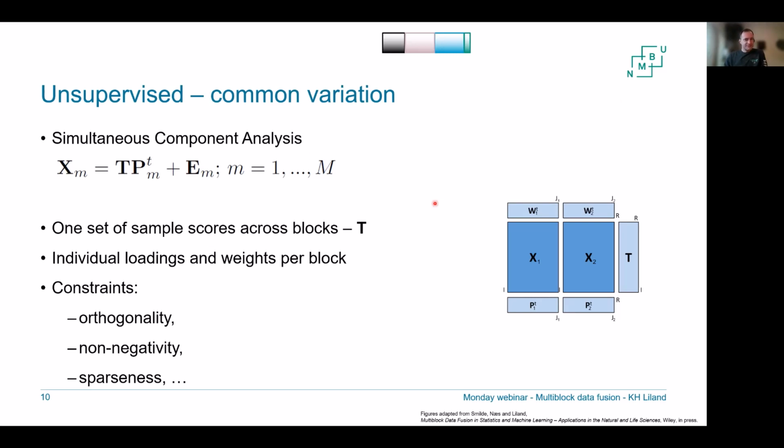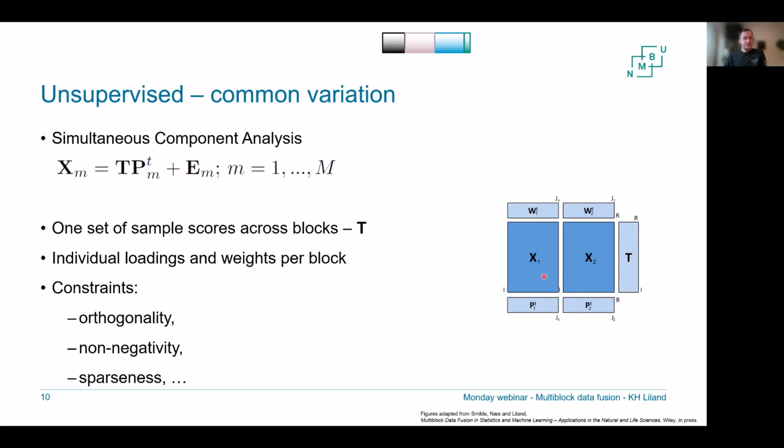Now, in this type of analysis, there's a plethora of different methods. Some of them are quite overlapping in how they're built, and some of them have more specialized versions that do different things. So one of them is this multi-group data analysis, which is very related to SCA. We have STATIS, we have multiple factor analysis, generalized canonical analysis, and we have one of these umbrella methods, this regularized generalized canonical correlation analysis, or just RGCCA.